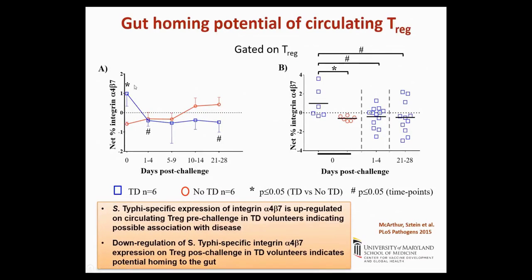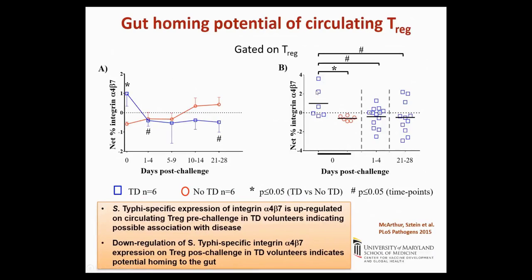And here, if you focus where my mouse is indicating, we can see that even before challenge, some individuals have a regulatory response, particularly in regulatory cells that express integrin alpha-4 beta-7, which is a gut-homing molecule, than those volunteers here in red who did not develop typhoid disease.